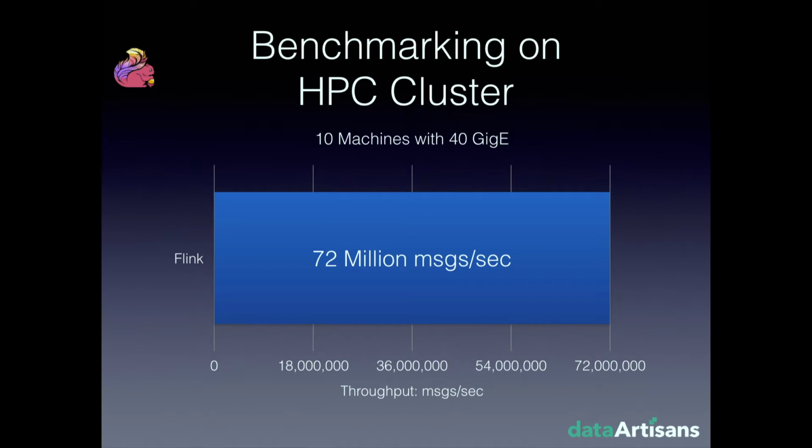Flink itself is very efficient. So on those 10 machines, I was able to read 72 million JSON messages per second, parse, and do sort of like a keyed window to aggregate, and then write the data back out. So this gives you an idea of what's possible, this is only using 10 machines plus Flink. So it's very, very efficient.